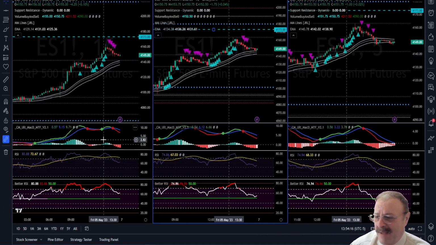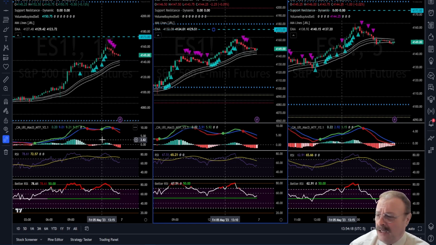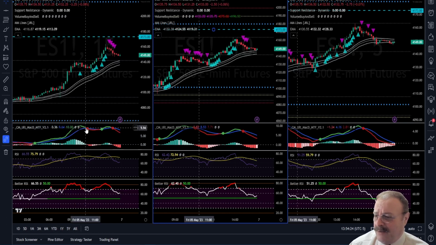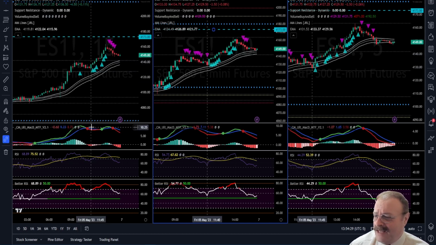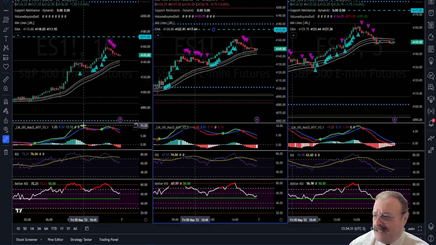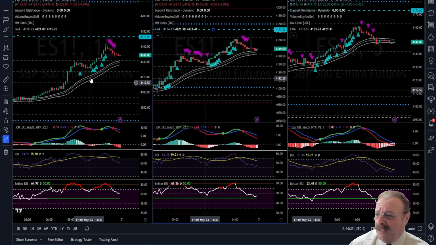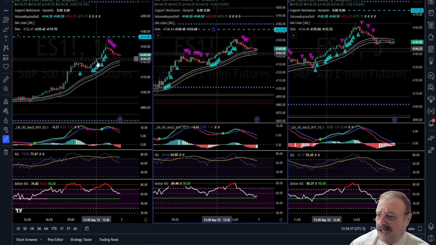I got MACD. Everybody likes MACD, right? Here's MACD, all right? And look what happened. See, MACD made this rounding top here, just like the 15-minute chart made this rounding top here. Pulled back a little bit here, just a little bit of momentum loss, but then volume kicked up. That's what these little blue arrows are for.